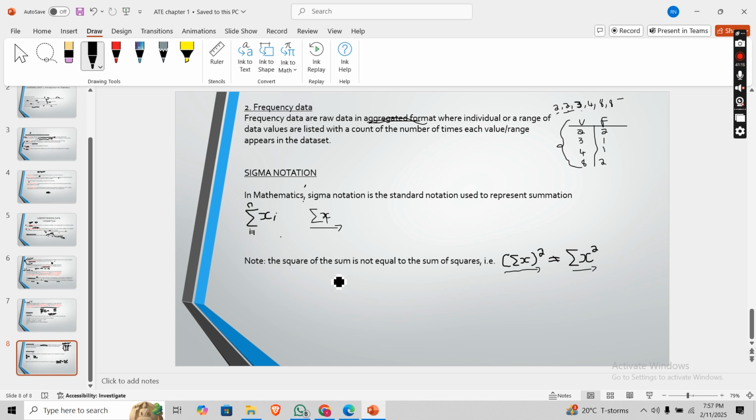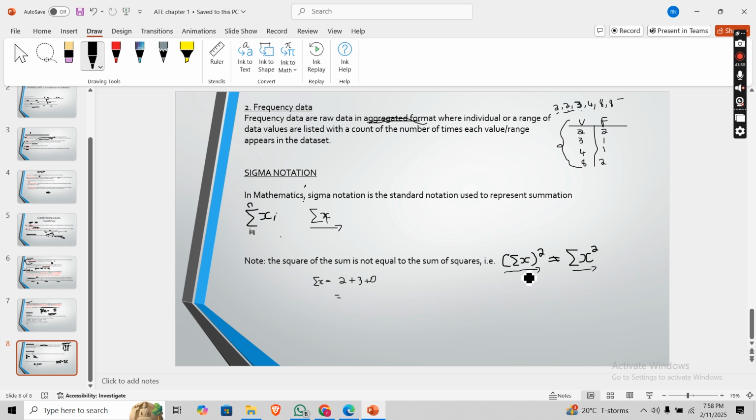Let's say we are adding the numbers 2 plus 3 plus 0. We are summing up these numbers, the sum of x, which equals 2 plus 3 plus 0.